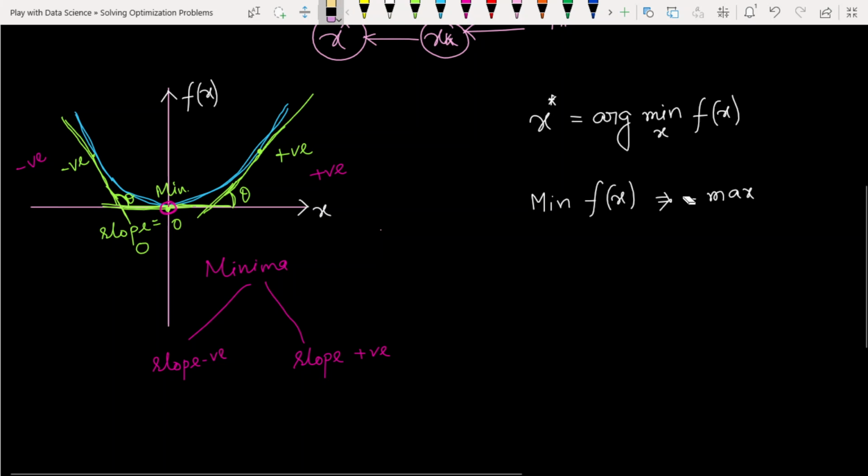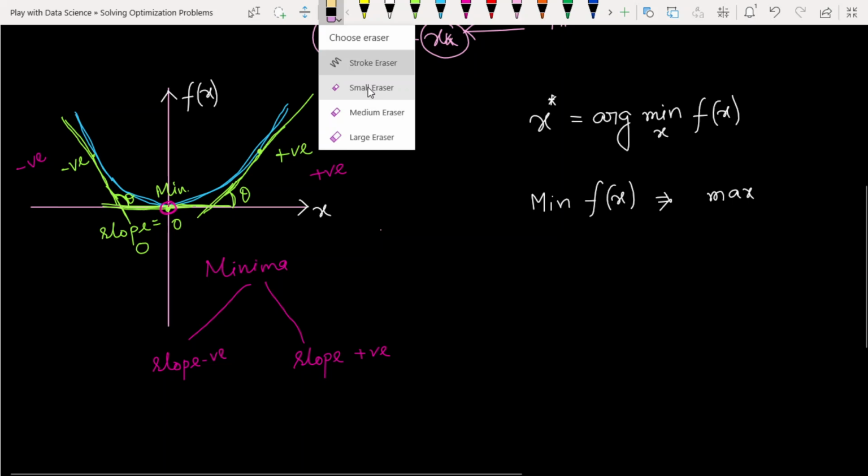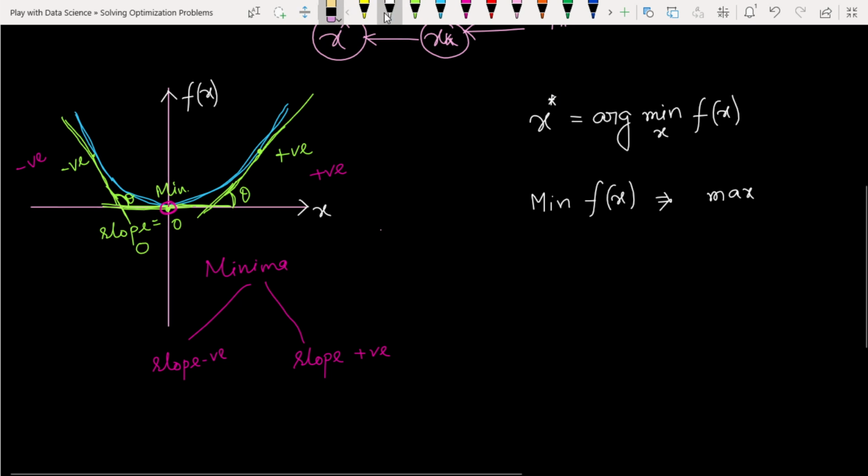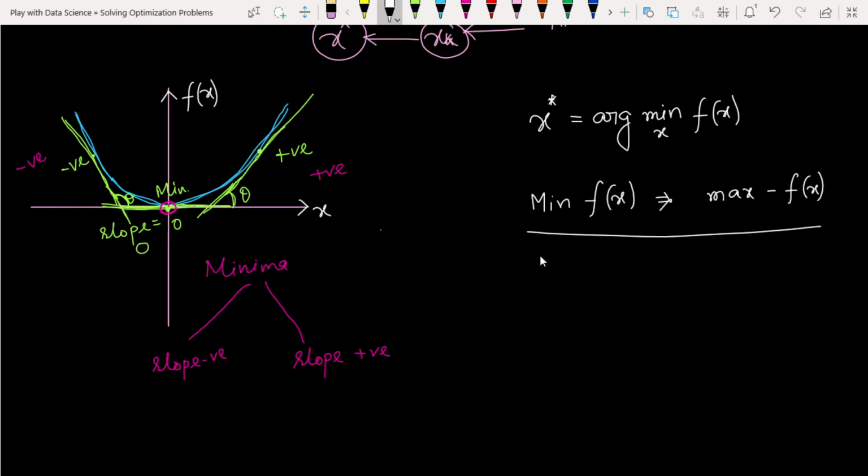Similarly, the maximum of f of x implies the minimum of minus f of x. Both are the same; we just use the concept depending on our situation and problem, and how we choose the equations.